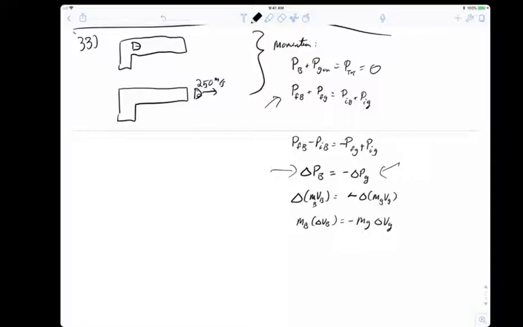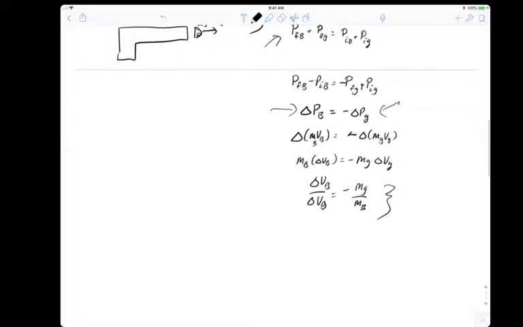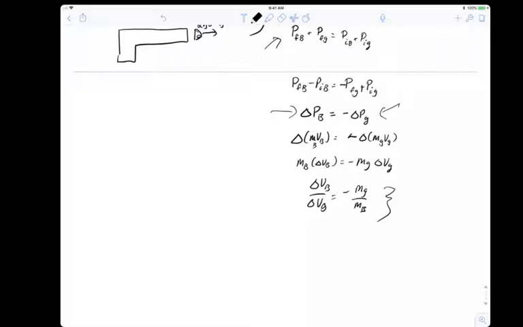So delta v bullet is equal to delta v gun times minus m_g over m_b. Right. Okay. So hey, that looks familiar. It should look familiar because that's the law of inertia that we found graphically several weeks ago.